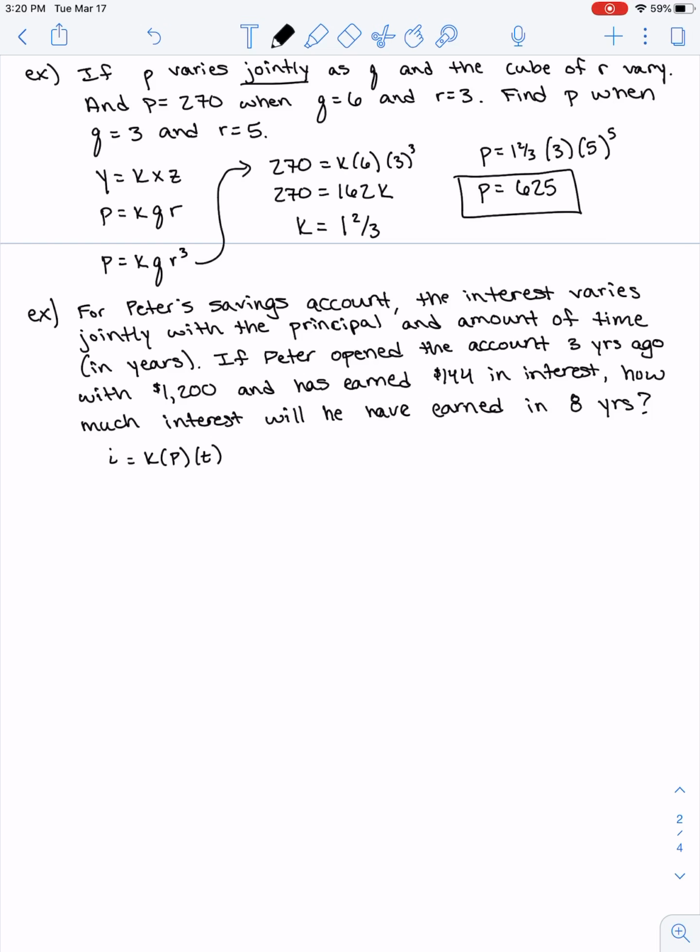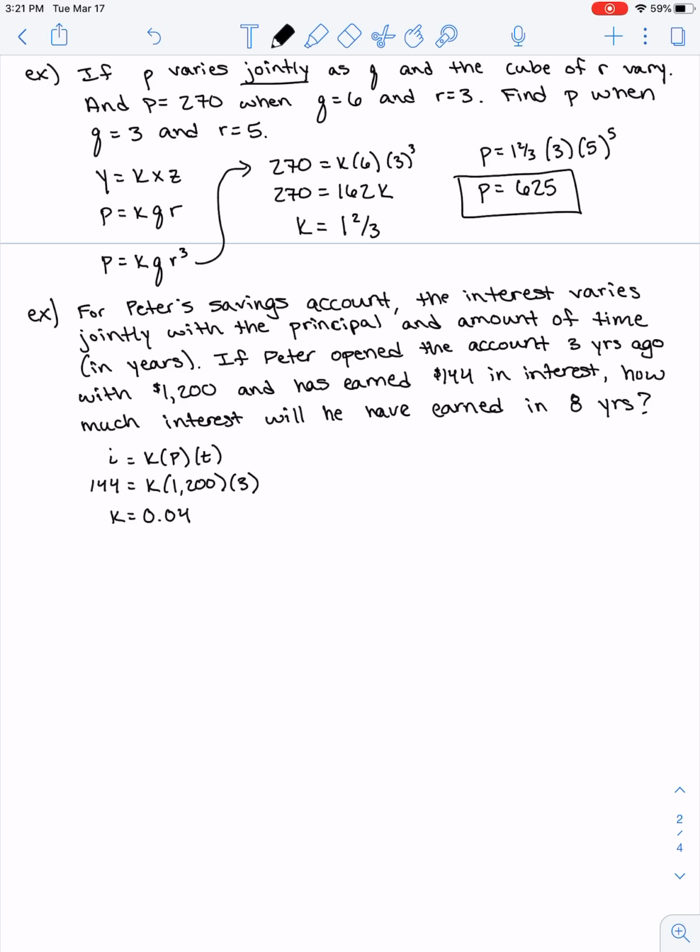So if we know that he's earned $144 and he put in $1,200 originally, and it earned that amount of interest in 3 years, we can solve for K by dividing 144 by 1,200 times 3. We get that K is 0.04.